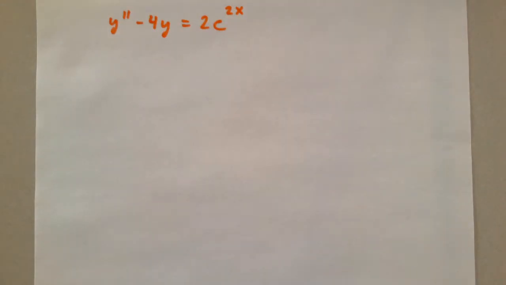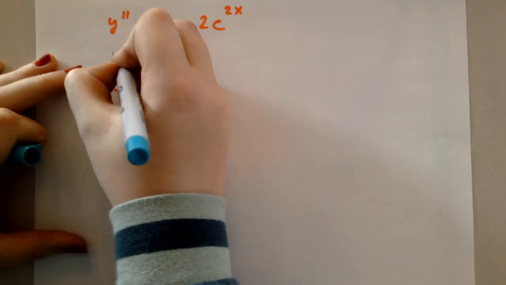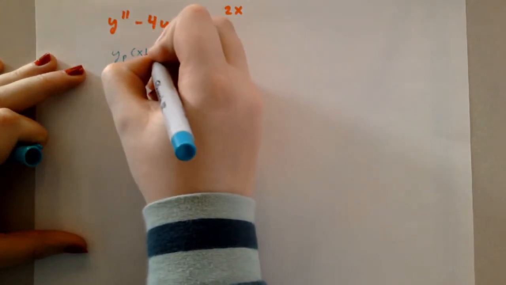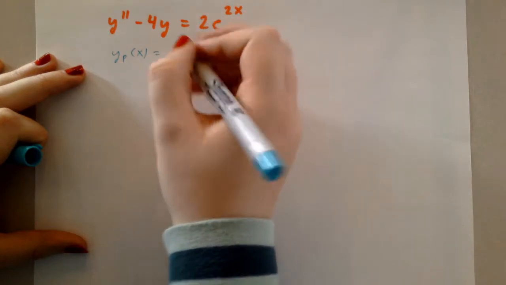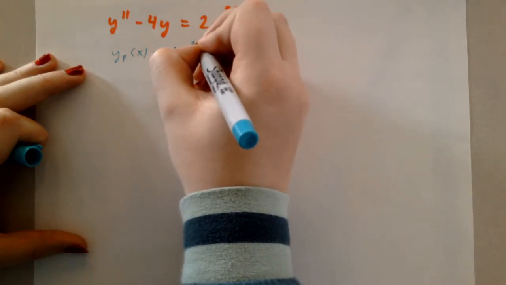Now we can move on to another example problem that uses our second rule of thumb concerning exponential functions. So we already know from our rule of thumb that we want to try using a particular solution of some coefficient a times e to the 2x.